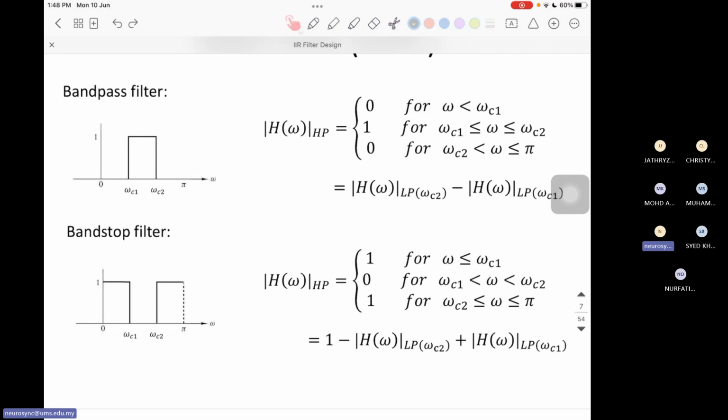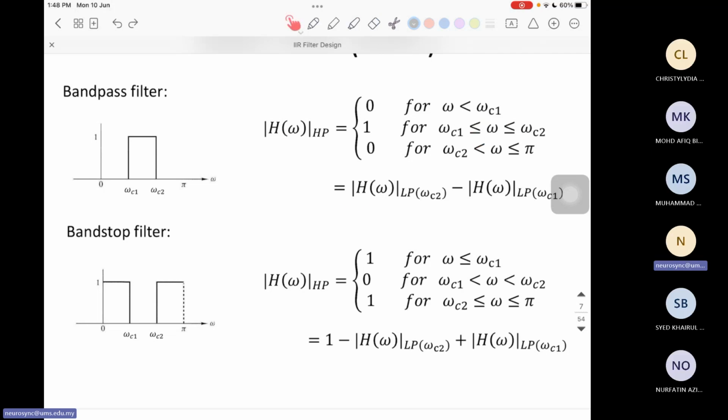This is again a magnitude plot for this filter. If I want to define this band pass filter with the low pass filter, it is the low pass filter with cutoff frequency omega C2 minus the low pass filter with cutoff frequency omega C1. If I subtract these two, I will get this band pass filter.